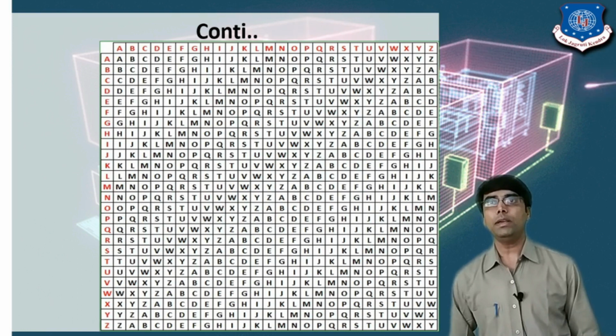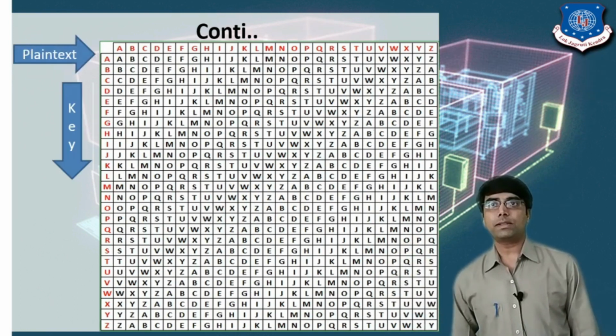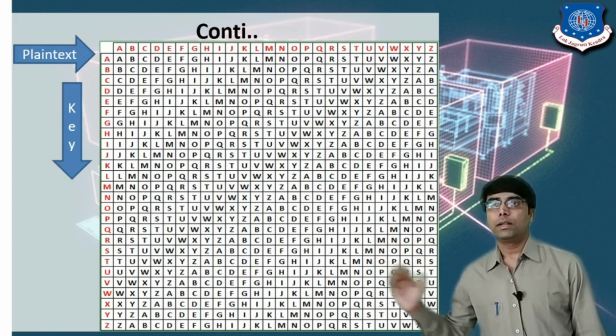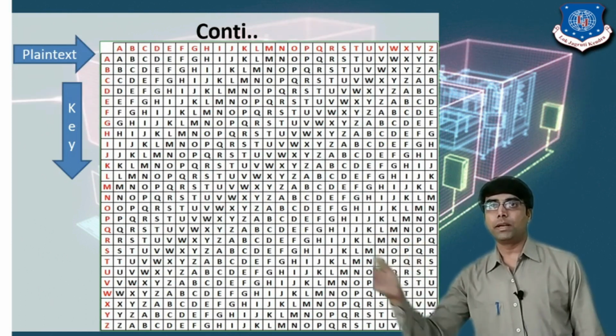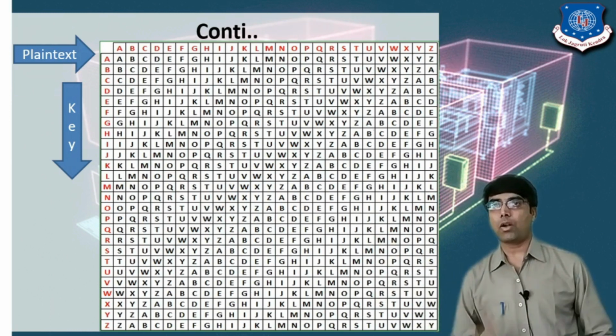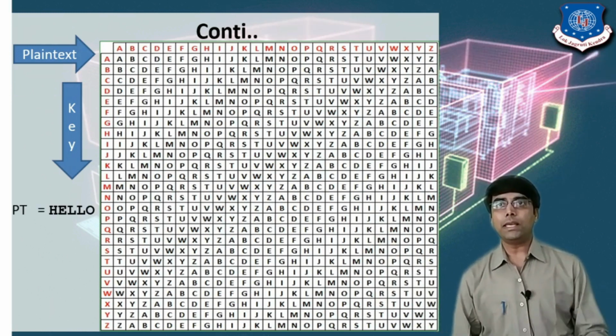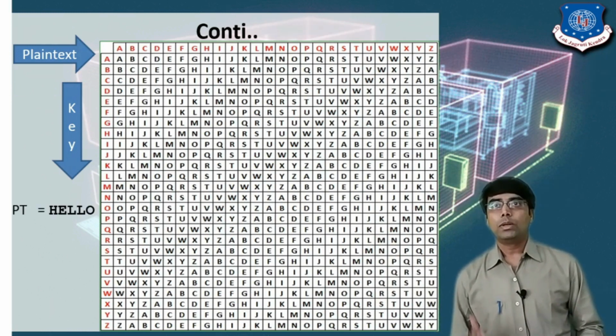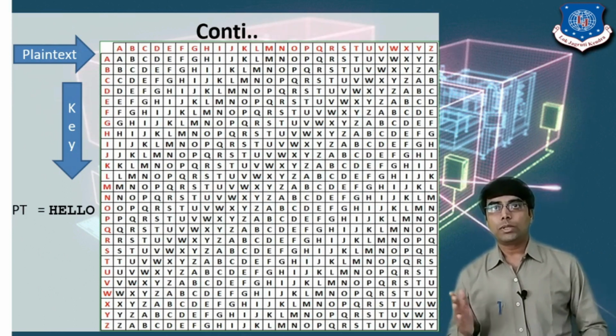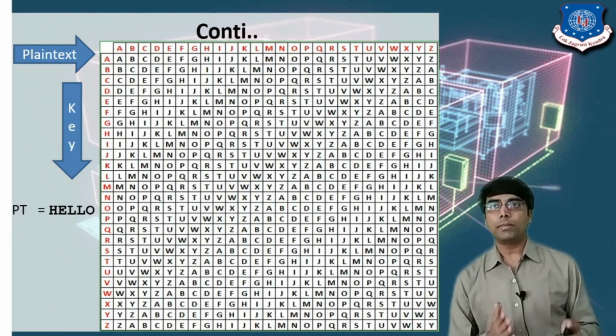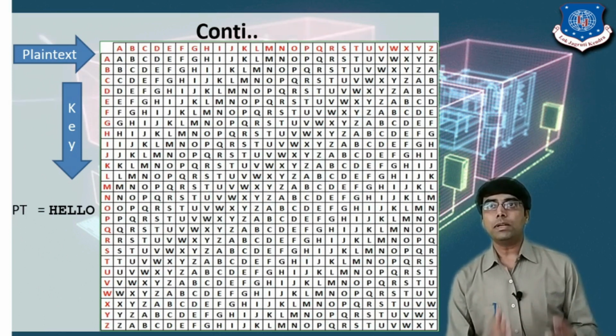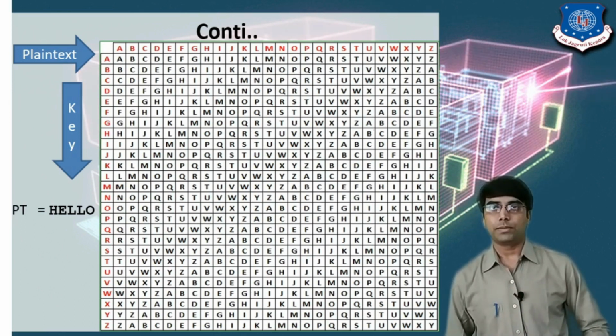Now here the plain text is represented in a row and the key is represented in a column. Now write the key repeatedly so that the size of the key becomes the size of the message.